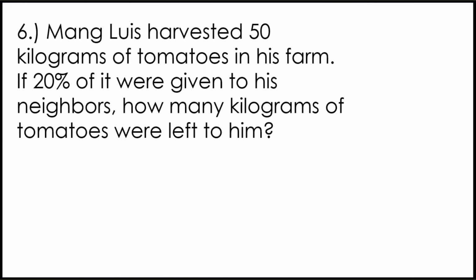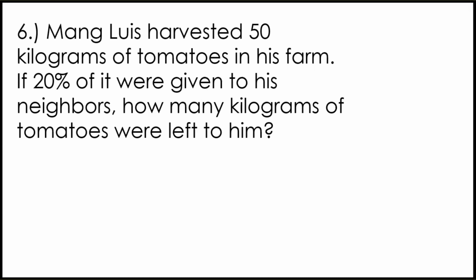Number 6. Mang Luis harvested 50 kilograms of tomatoes in his farm. If 20% of it were given to his neighbors, how many kilograms of tomatoes were left to him? So, titingnan natin. Since nang harvest si Mang Luis ng tomatoes, which is 50 kilograms, ang 20% daw po ay ipamimigay niya sa mga kapitbahay niya.